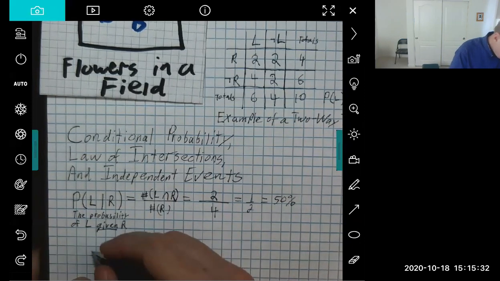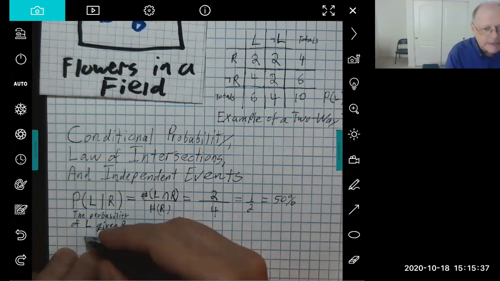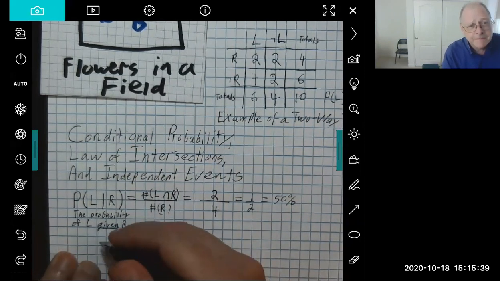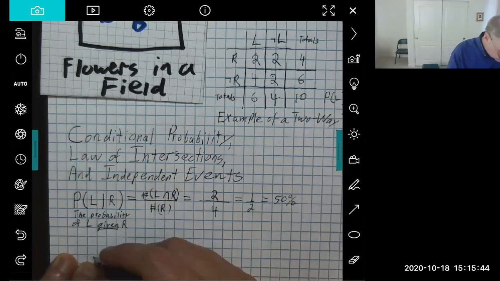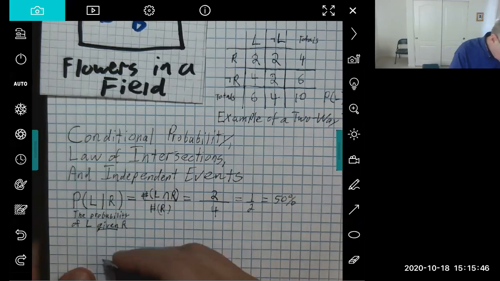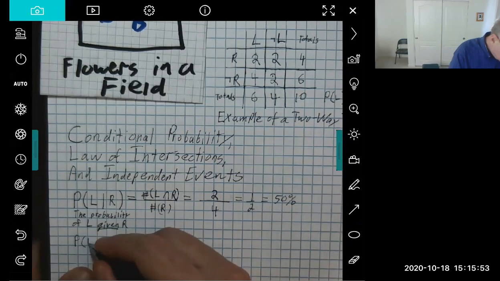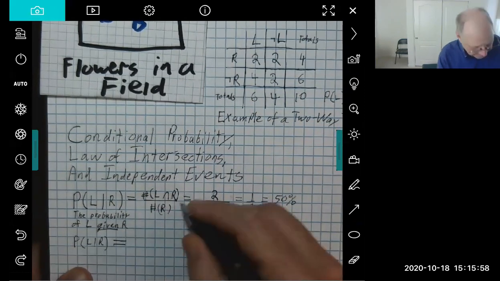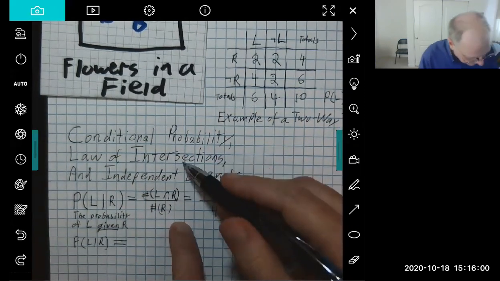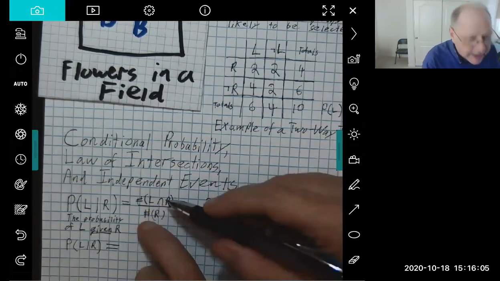Now, I want to turn this into sort of a general rule that we can reuse. So what if I wanted to do this thing, but maybe there are a whole lot of flowers that I can't actually count them.